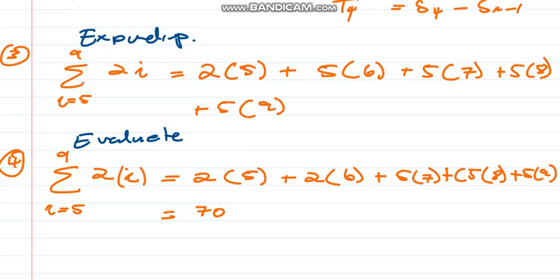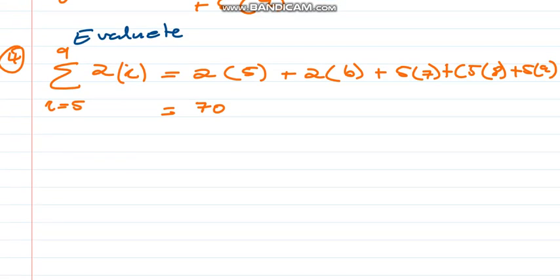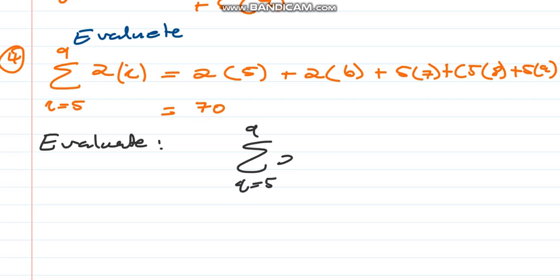Now, a lot of people have seen problems that look horrible. Someone can say, evaluate the following: the sum from i equals 5 of 2i, and then minus the sum of 2i from i equals 1 to 7.